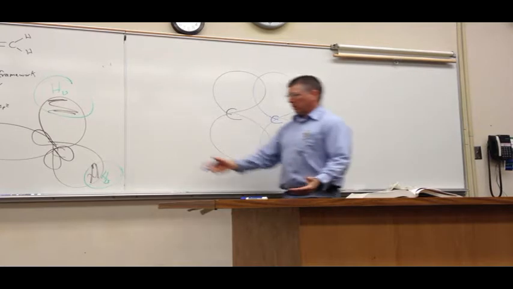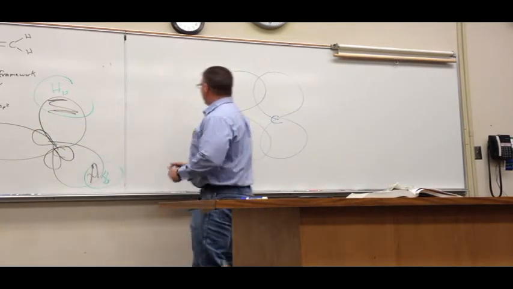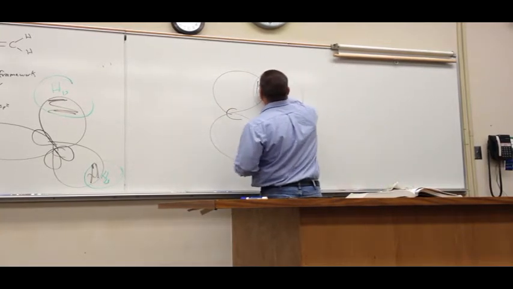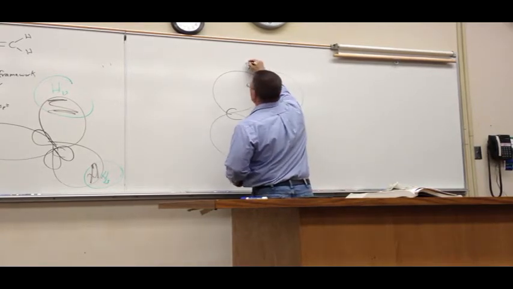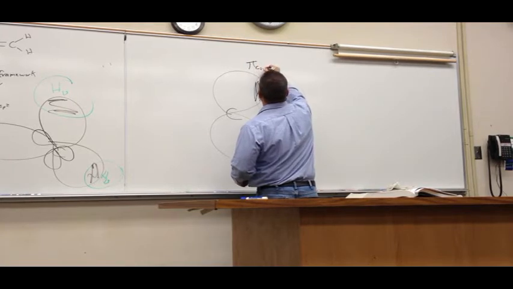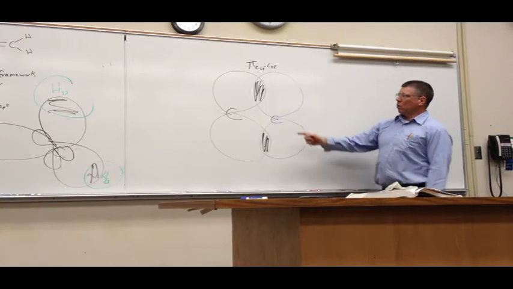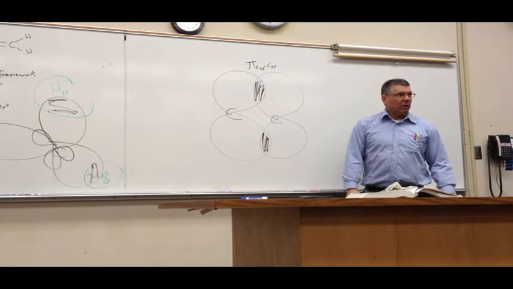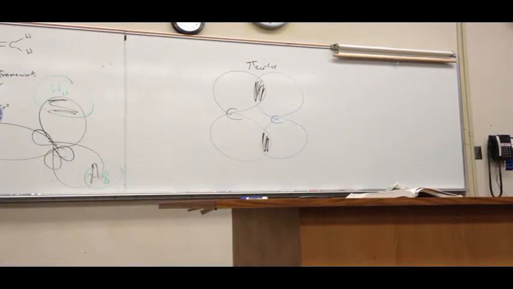These are the ones that, in this picture, will be coming out of the board and going back into the board. They overlap sideways, they form a pi bond. And it's formed by the sideways overlap of a carbon 2p with a carbon 2p. You guys got that? You know it's 2p and not 3p or something else because the valence electrons in carbon are 2s2, 2p2.